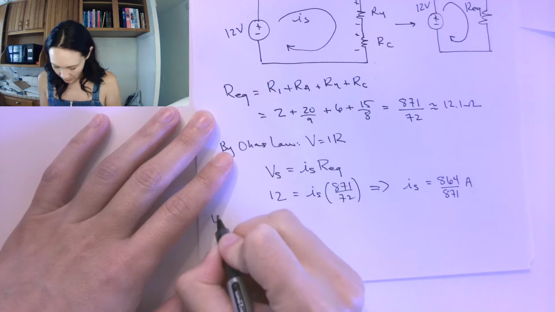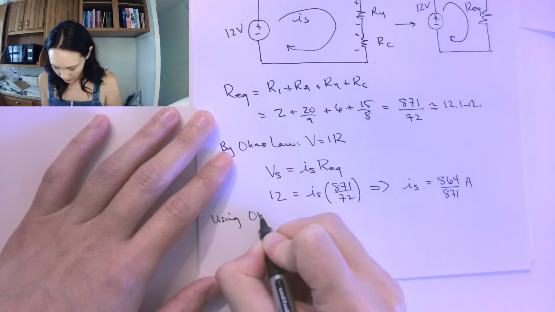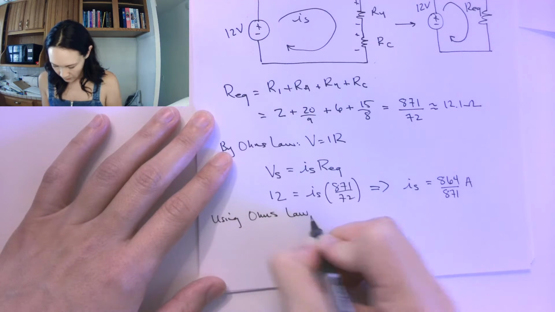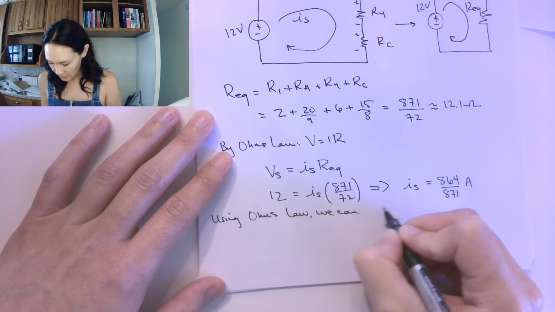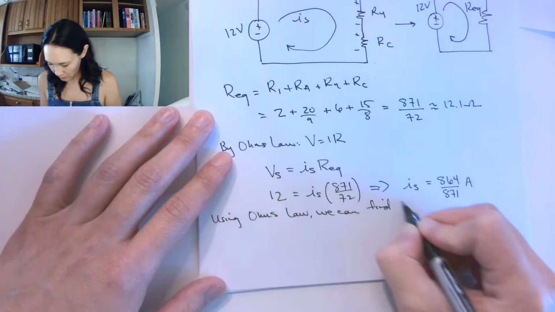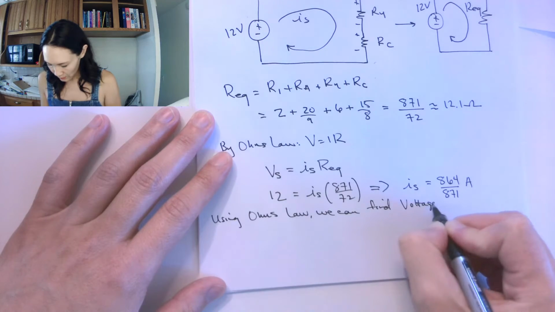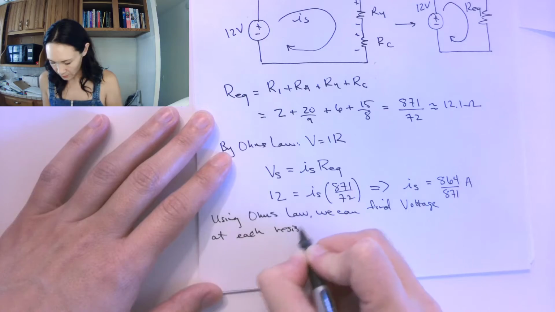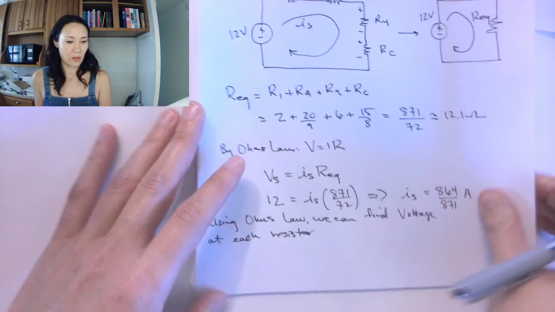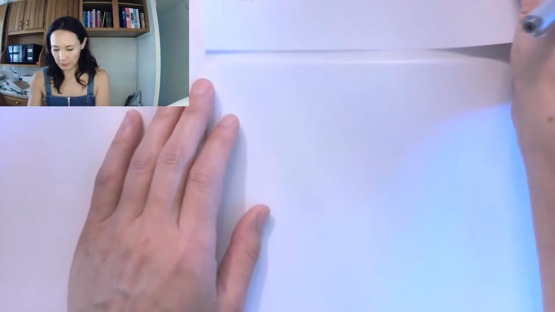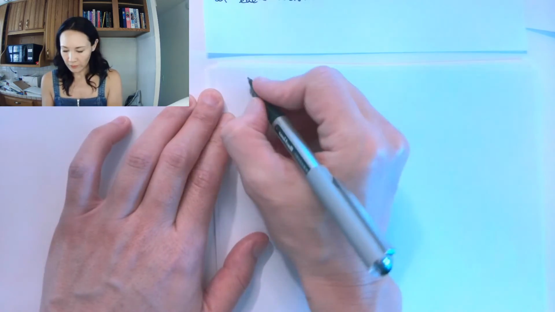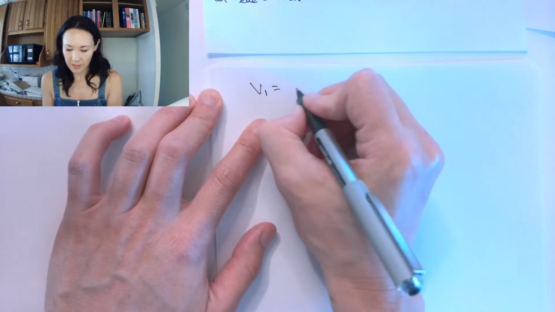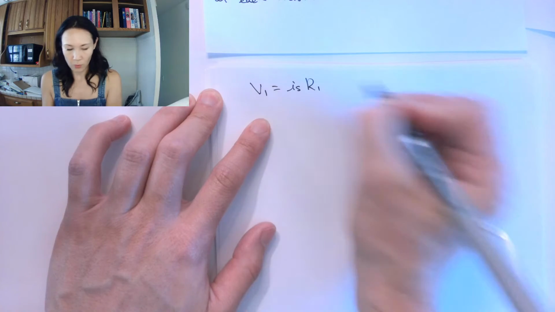So using Ohm's law, we can find the voltage at each resistor. So what would those be? Well, for V1, that's just going to be I source times R1.